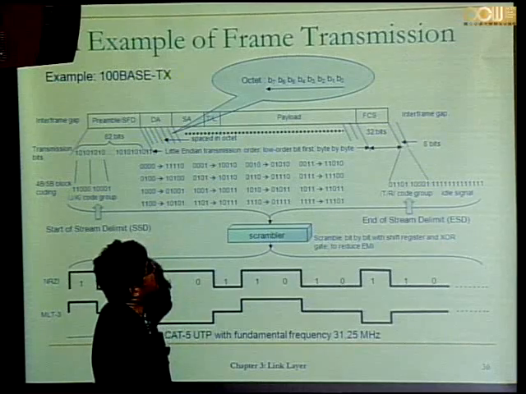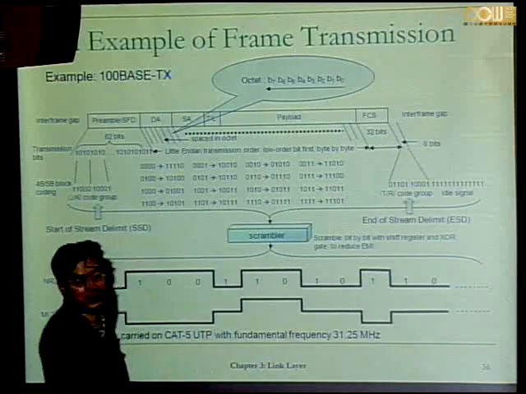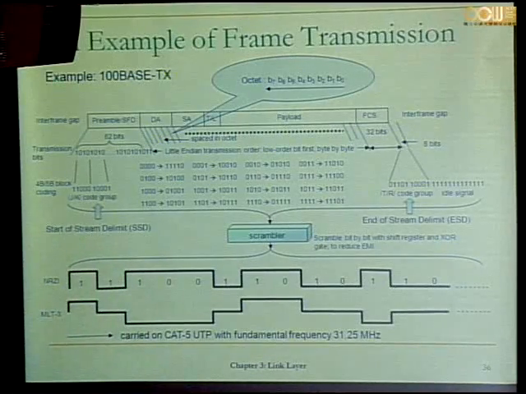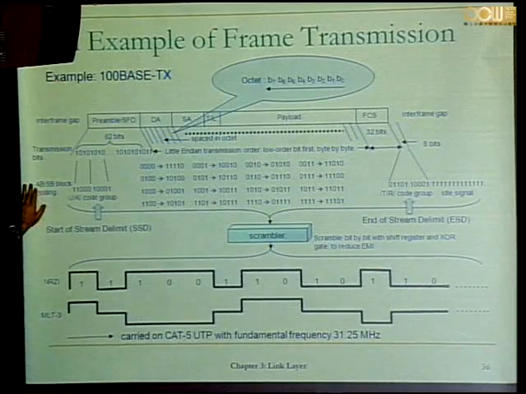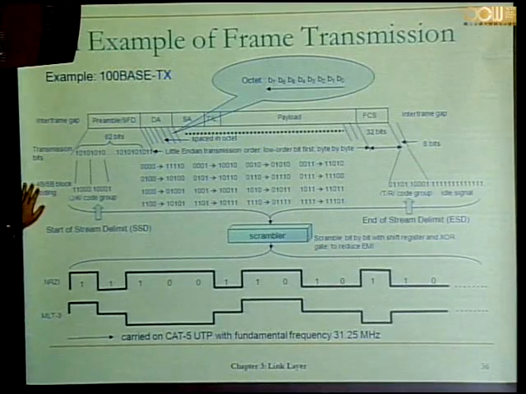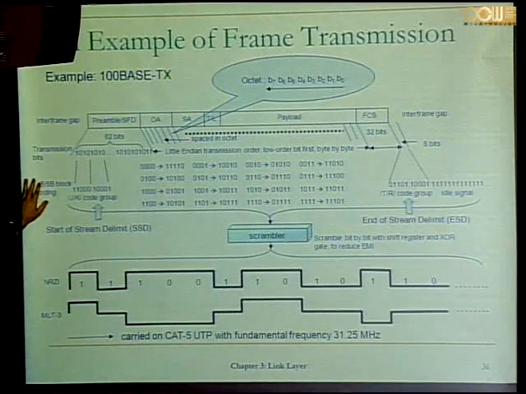So we would use 16 of them in order to get enough transitions within the signal. Okay, that's 4B/5B block coding. We have explained that in chapter 2, the physical layer.